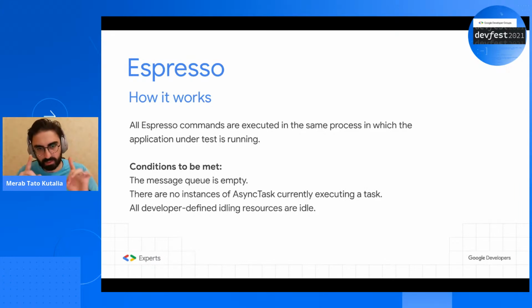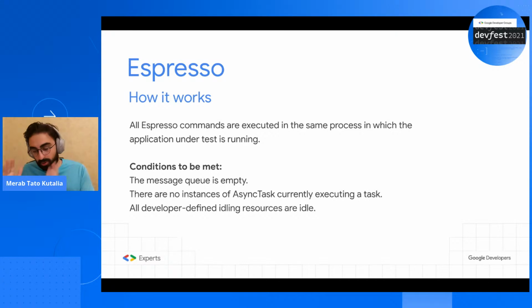But the problem is that when you have asynchronous work in your application, by default, Espresso can work with async tasks, and it ensures that there are no async tasks currently running, and then it will run the Espresso test, and it has also support for the idling resource.